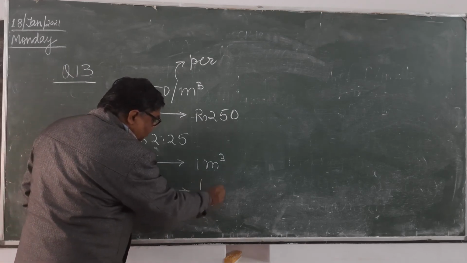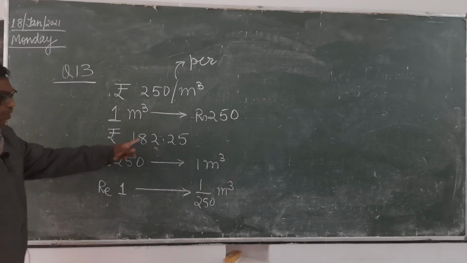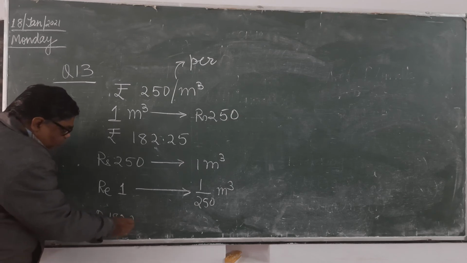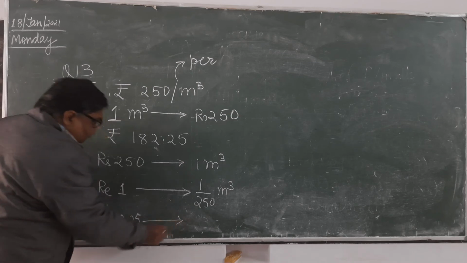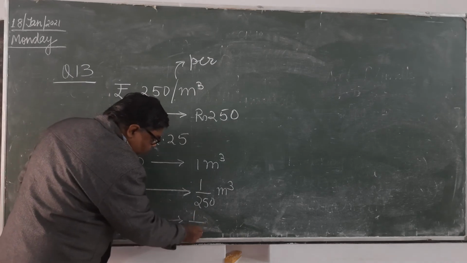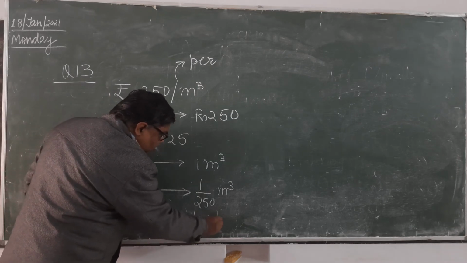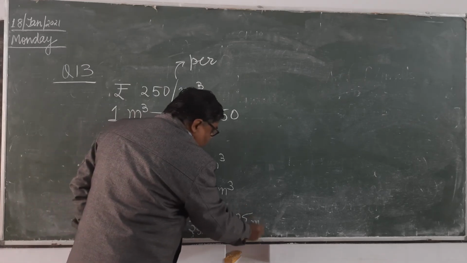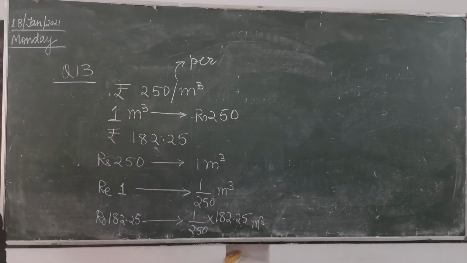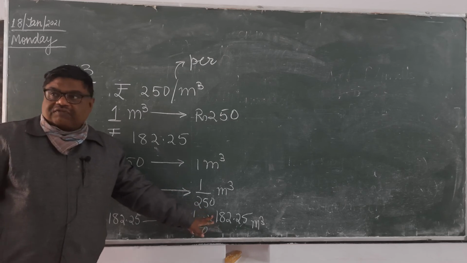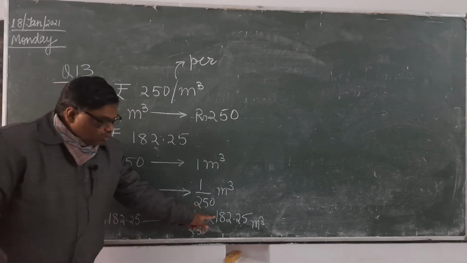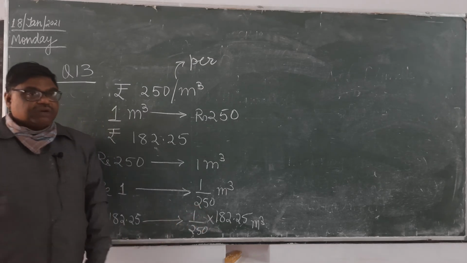Therefore rupees 182.25 will be the cost of how much? 1 upon 250 into 182.25 meter cube. It's clear? Means how will you find the volume? Cost of the cube divided by cost of 1 meter cube.